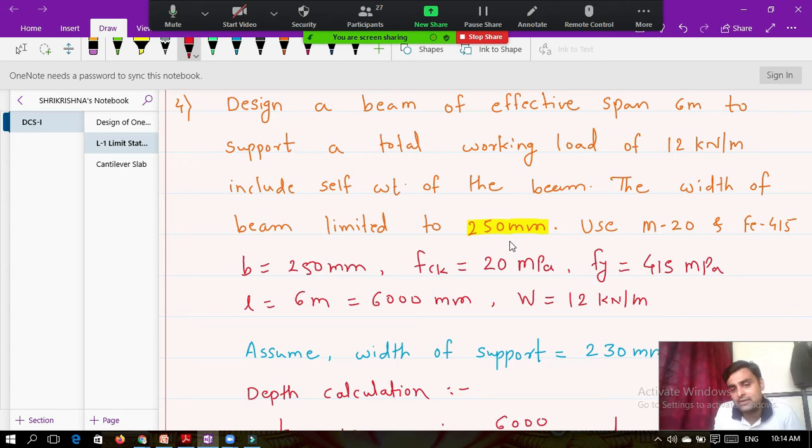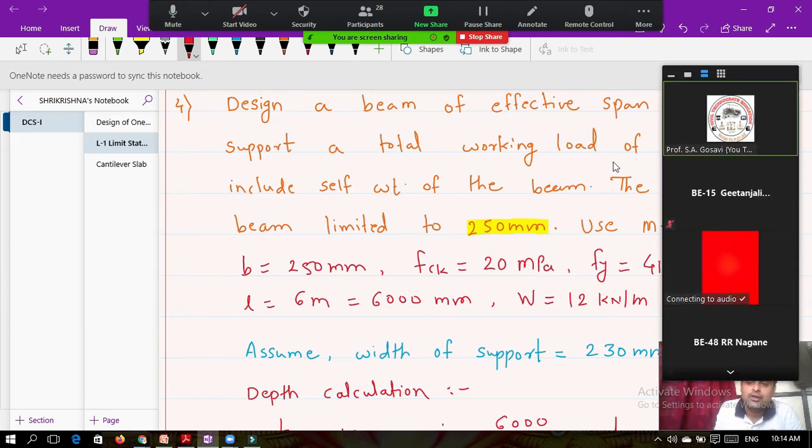In that case you need to assume the width, and normally this width is assumed as 230 mm.